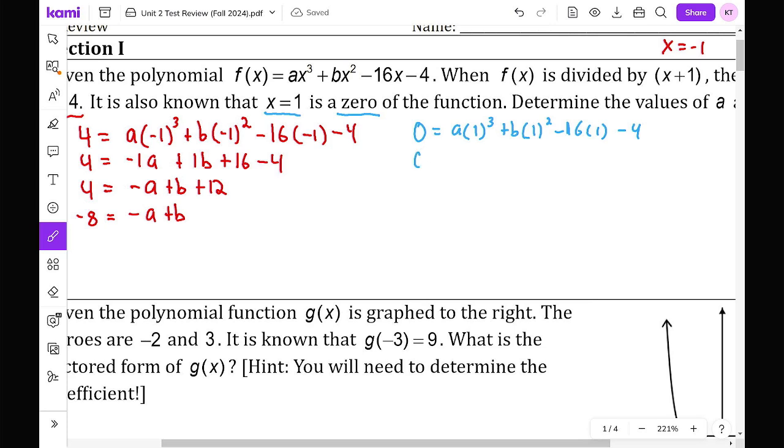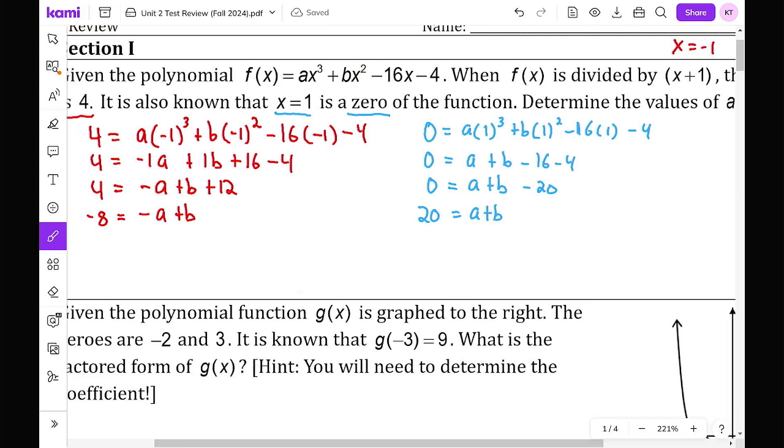So then, again, I'll simplify it. So 0 is equal to 1 cubed, which is 1 times a, so just a, plus b times 1 squared, which is still going to be 1, so a plus b, minus 1 times 16, which is 16, minus 4. Combine like terms again, so 0 is equal to a plus b minus 20. So that means 20 is going to equal a plus b.